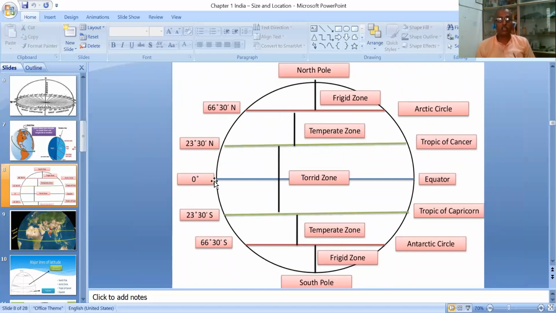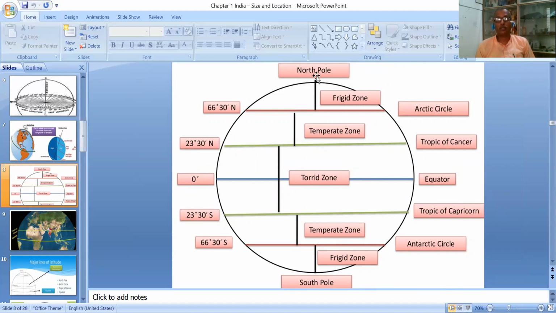Let me start from 0 degree latitude. 0 degree latitude is called the equator. It is one of the very important latitudes. The second latitude which we have to learn about is 23.3 degrees north.